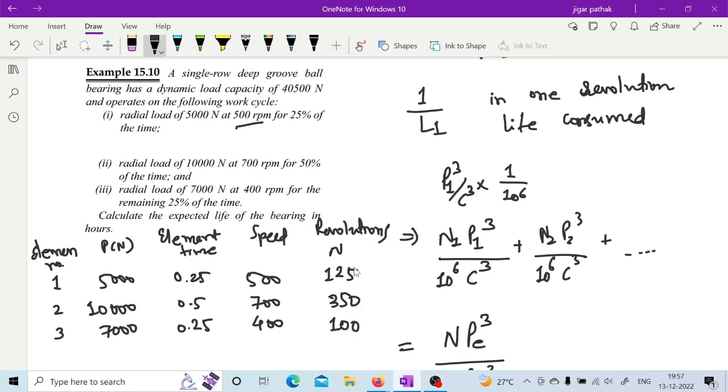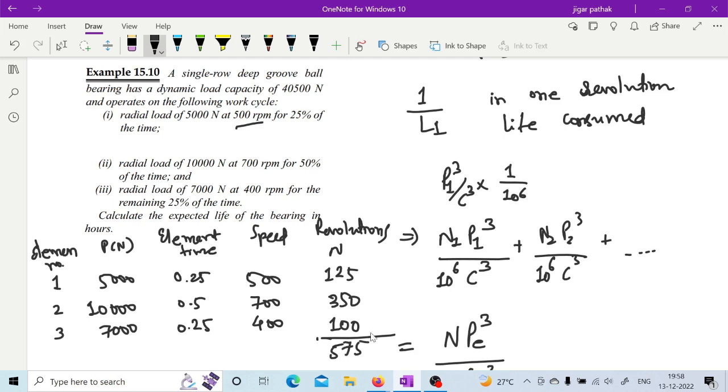This is the total number of revolutions, because this is the speed and this is the duration of that particular loading. The number of revolutions is the speed into the time for which the speed is there. So 500 revolutions per minute for 0.25 minute gives 125 revolutions. So the total number of revolutions will be 575.